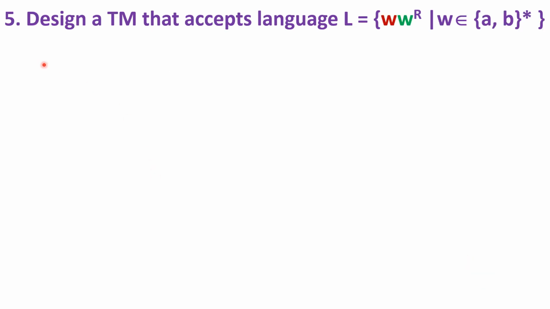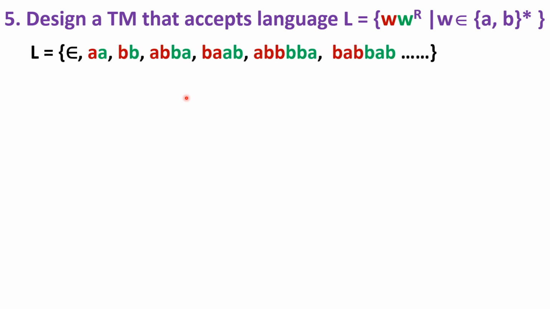So let us see a last language, to design a Turing machine that accepts language L equal to W W raised to R, where W belongs to {A, B} whole star. So the possible strings in this language are, if W is epsilon, then W raised to R is also epsilon.